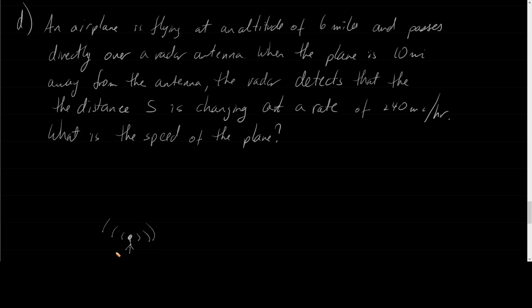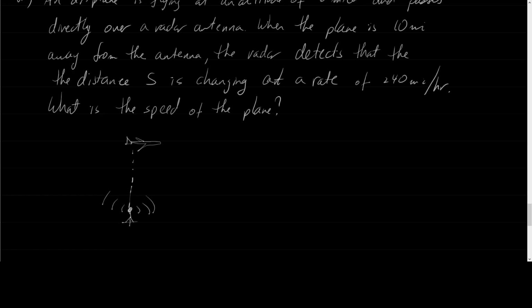Now in here, what do we have? We have that an airplane passed right over it, and so here's my airplane passing right over it. Awesomely drawn again. This is flying at an altitude of 6 miles. So this height is 6 miles.